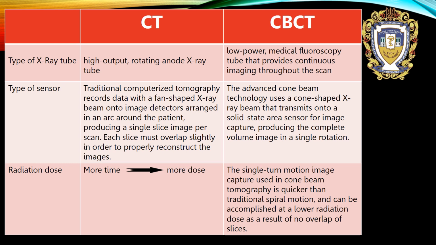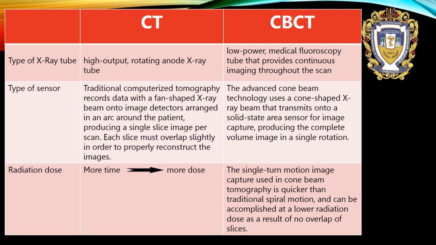Differences are also between types of sensor. Traditional CT records data with a fan-shaped X-ray beam onto image detectors arranged in an arc around the patient, producing a single slice image per scan.